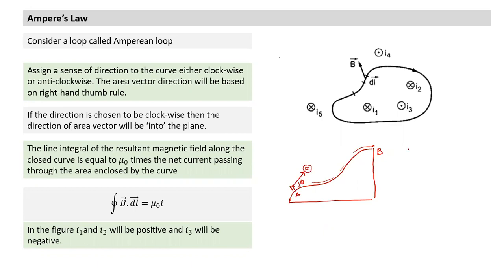If F is constant in magnitude as well as direction, how would you calculate this work done? It's a dot product. So we divide the path into several small elements and add it up. That is nothing but the line integral of force along this path.